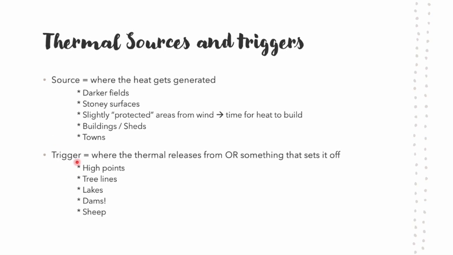Then some triggers. We conflate two things and call them both triggers. One is a point where the thermal releases from, so we're looking at high points in the terrain. Hot air creeps up but sticks to the ground, and it's most likely to pop off at the highest point, which is also why tree lines are a good trigger or release point.